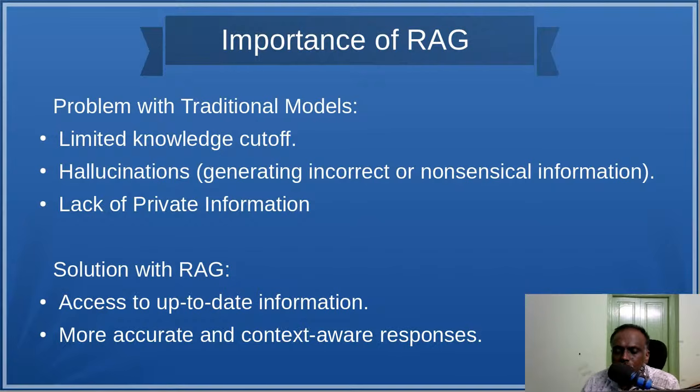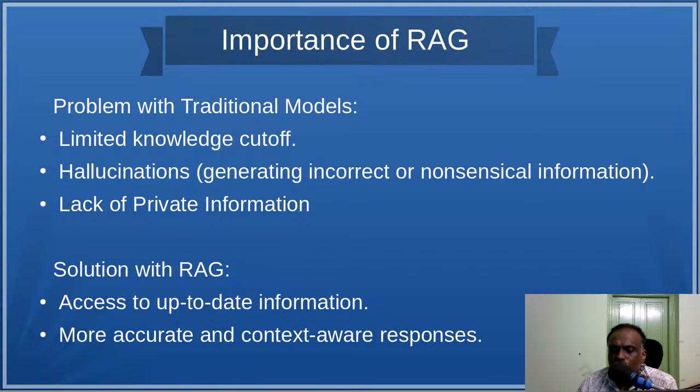So in that perspective, though LLMs are really good at managing natural language and may have a lot of good features, if they are not able to access your company information or your product information, and you create a chatbot with an LLM, obviously it may not be that useful to the users, right? Suppose you are running a customer chatbot for your e-commerce site, and the customer asks about your product price and other details.